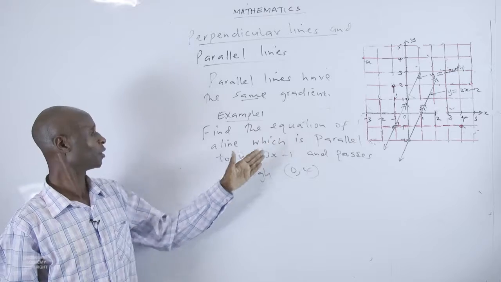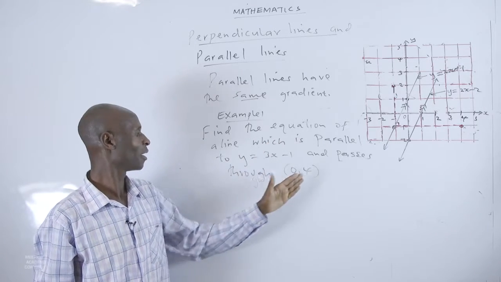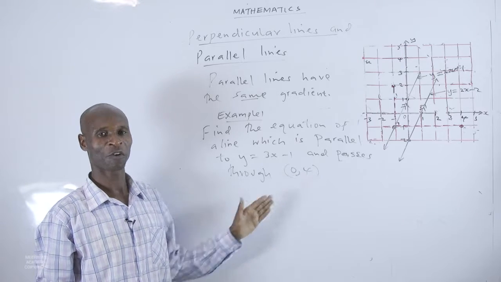Find the equation of a line which is parallel to y is equal to 3x minus 1 and passes through the point 0, 4.